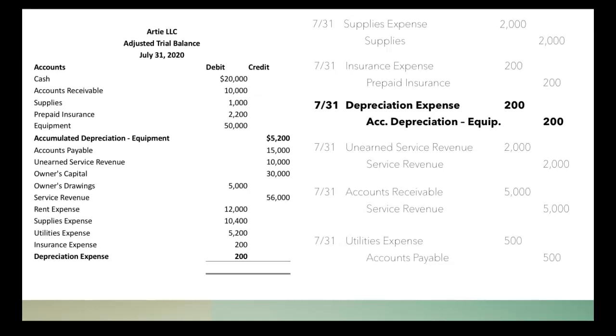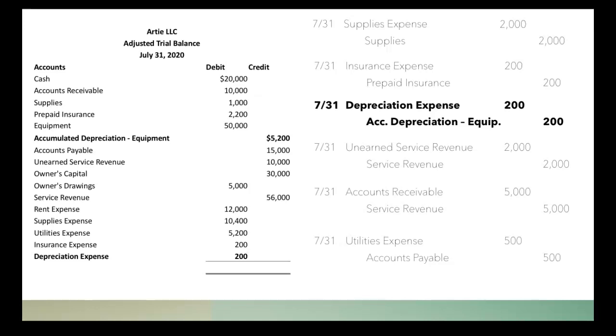Now, our unearned service revenue that we earned, right? We earned 1/5 of our previously unearned service revenue. So we debited the liability account. We debited unearned service revenue for 2,000. And then we credited service revenue for 2,000.